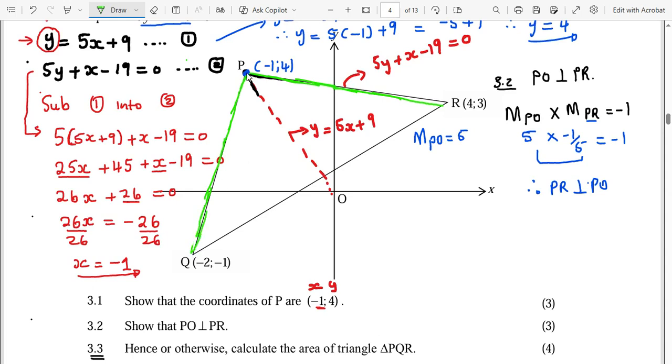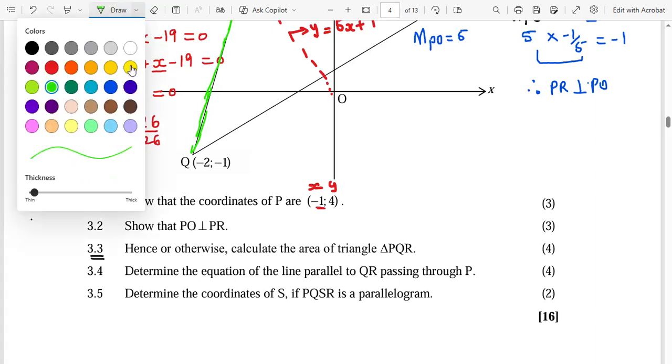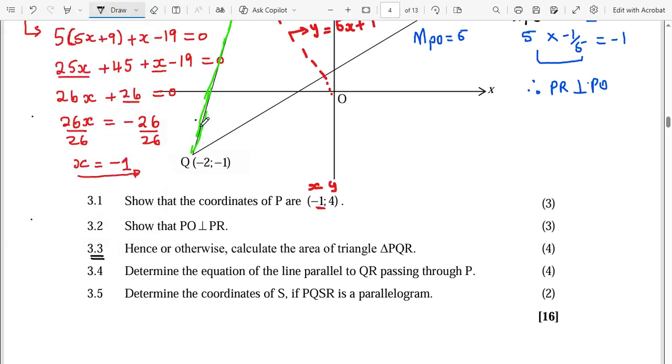Because they said hence, I need to use these points. So can we find the two? Because remember, if they are looking for the area of the triangle, what is the formula for the area of a triangle? I think it's best if we start from that part.